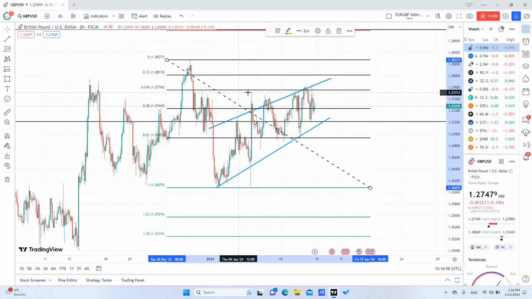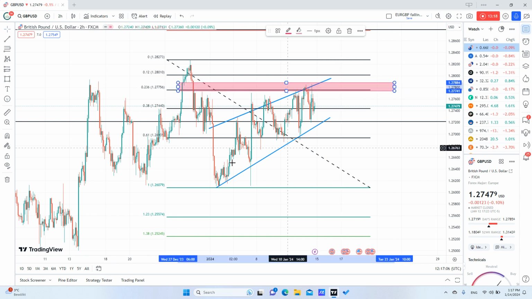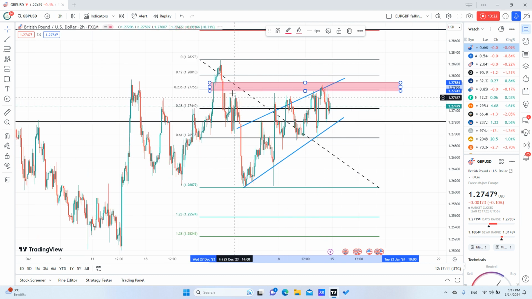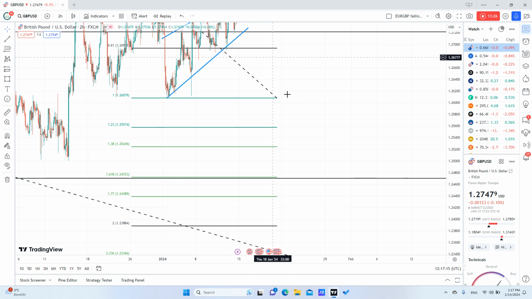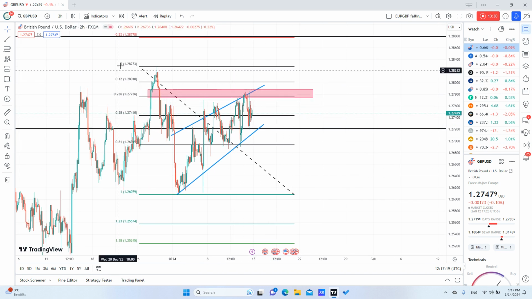Here, it actually reached the 77 level of retracement, and it also already filled this gap here. So this one is a very good sell setup, because I think this is 1, 2, and we are going heavily to the downside. So the only pair I will be trading right now is pound USD.